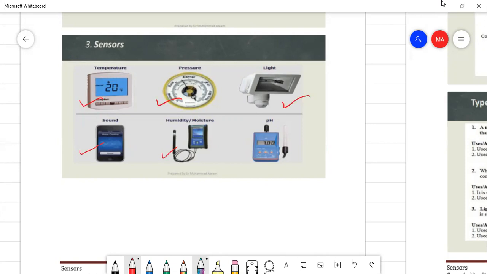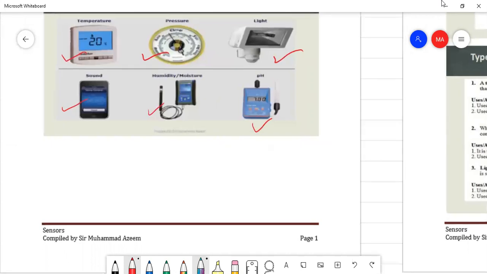And this one, pH sensor. Where it will be used and what is the function of a pH sensor? Anybody have an idea?